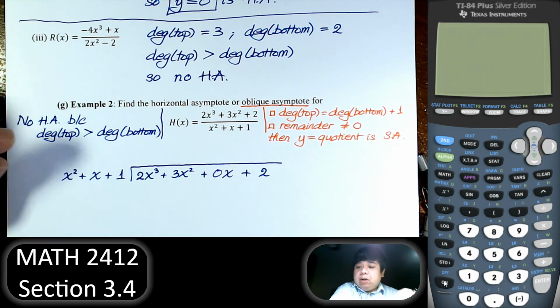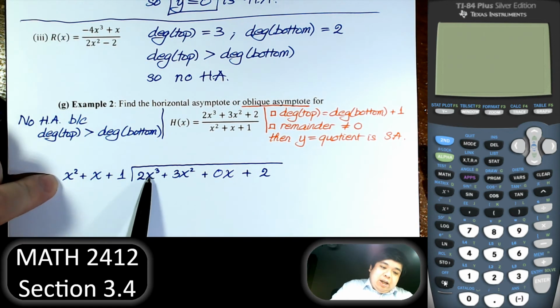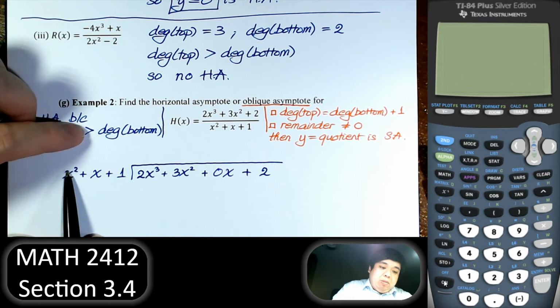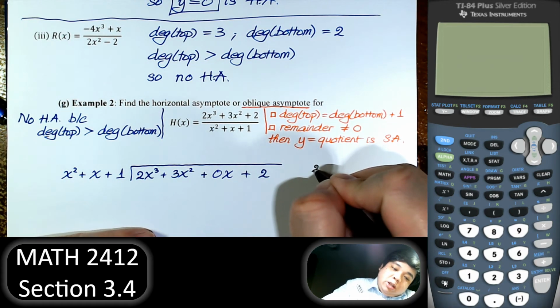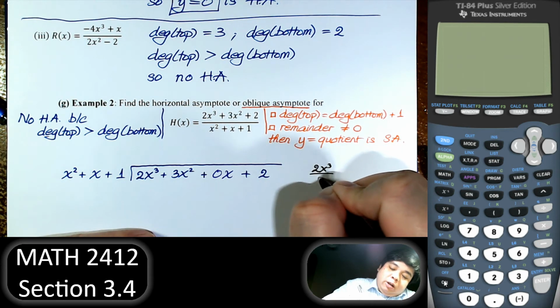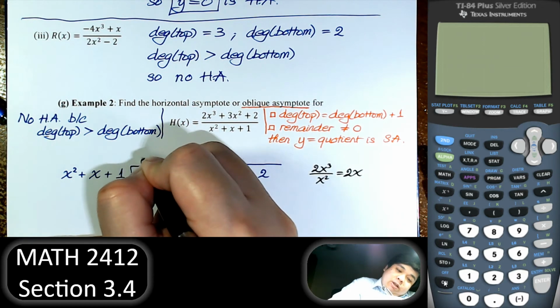Now we just divide. To divide, we take the highest degree term divided by the highest degree term. So 2x cubed divided by x squared, cancel out, gives us 2x.